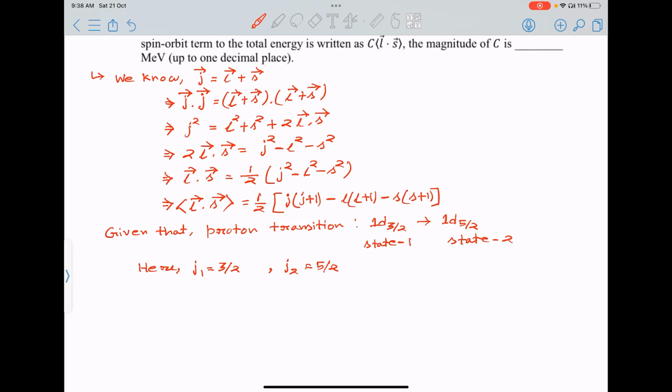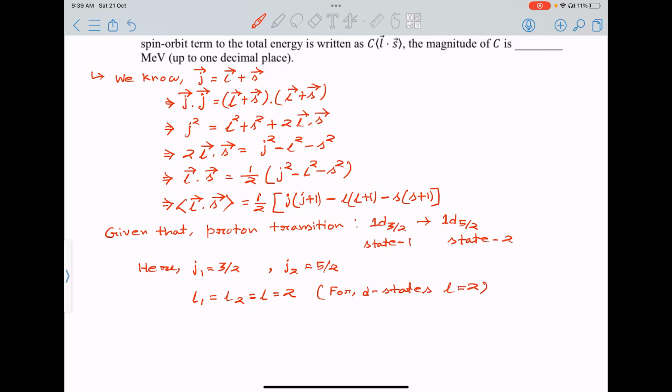Now both of the states are d states, so state 1 is d 3/2 state and state 2 is d 5/2 state. So for both of the states, L1 for state 1 and L2 for state 2 will be equal, and let me consider this as L, and this value is 2 for d states.